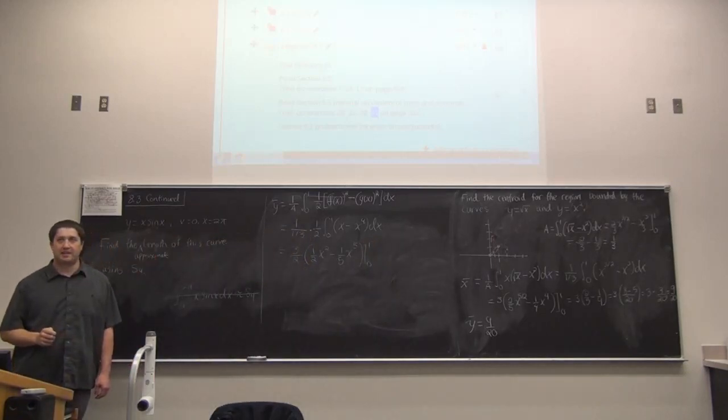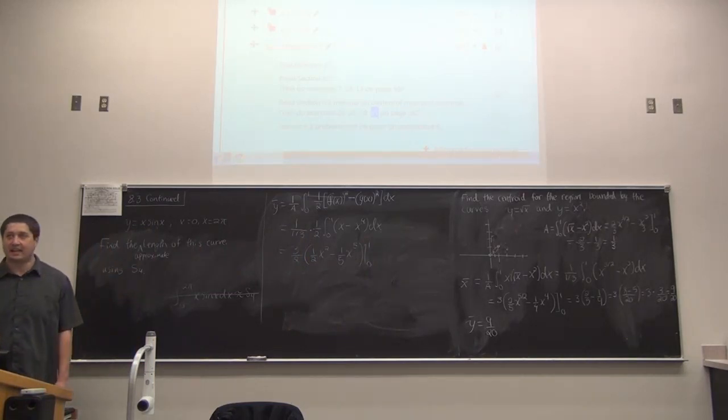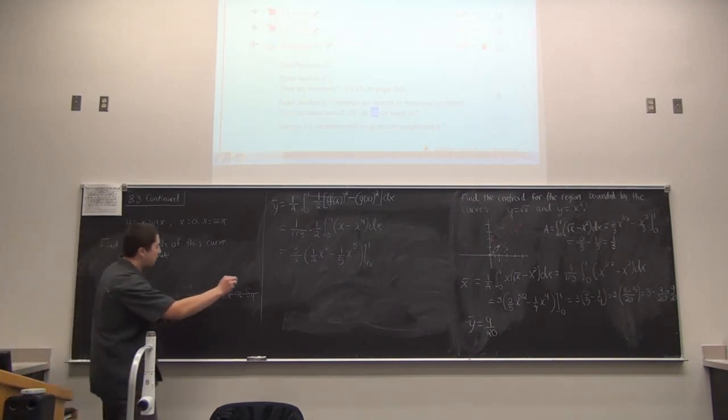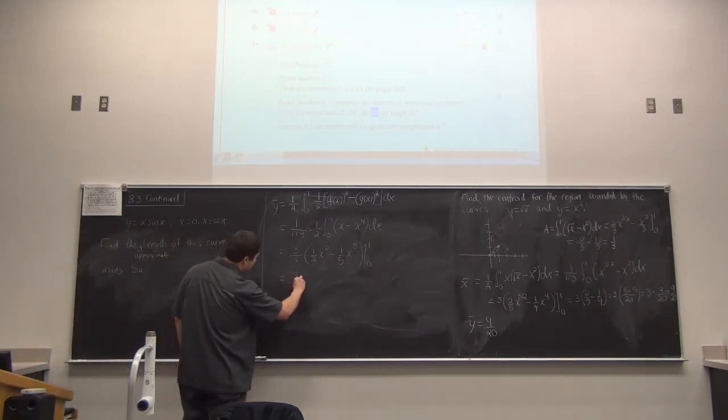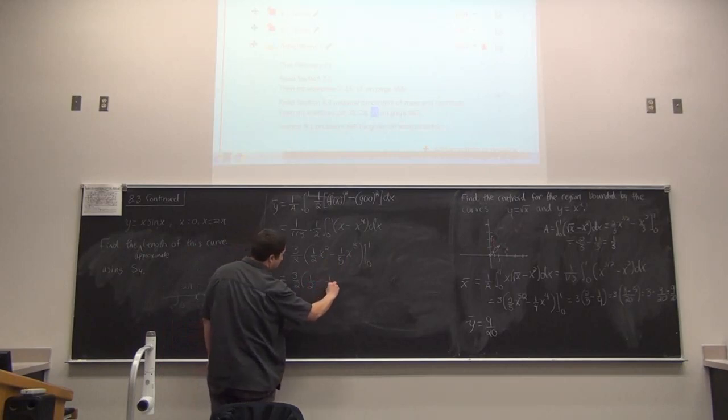So we're pretty much there. And there's a bit of drama in this problem because we're expecting exactly 9/20ths. If we do not get exactly 9/20ths, everything on the chalkboard looks like a complete lie. So let's see if it works out. So we have 3 halves multiplying, insert 1 into both of these functions, and it's a half minus a fifth.